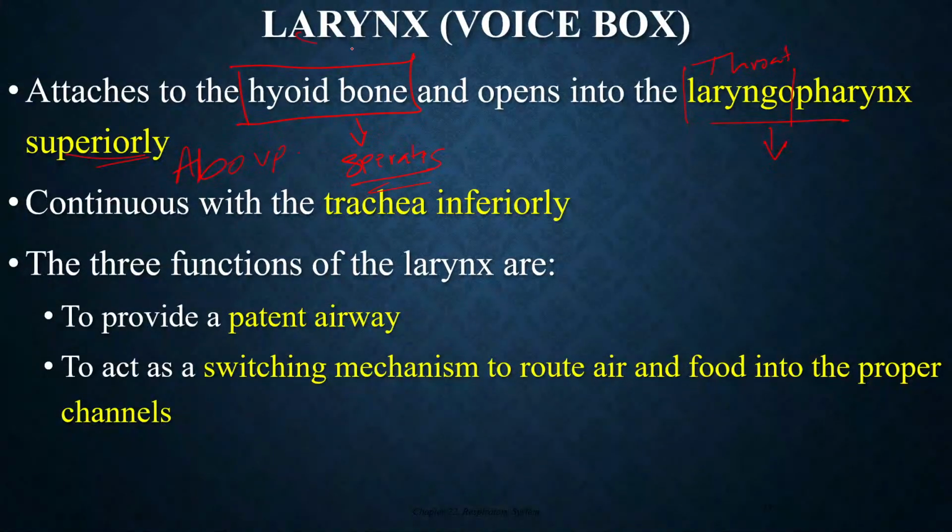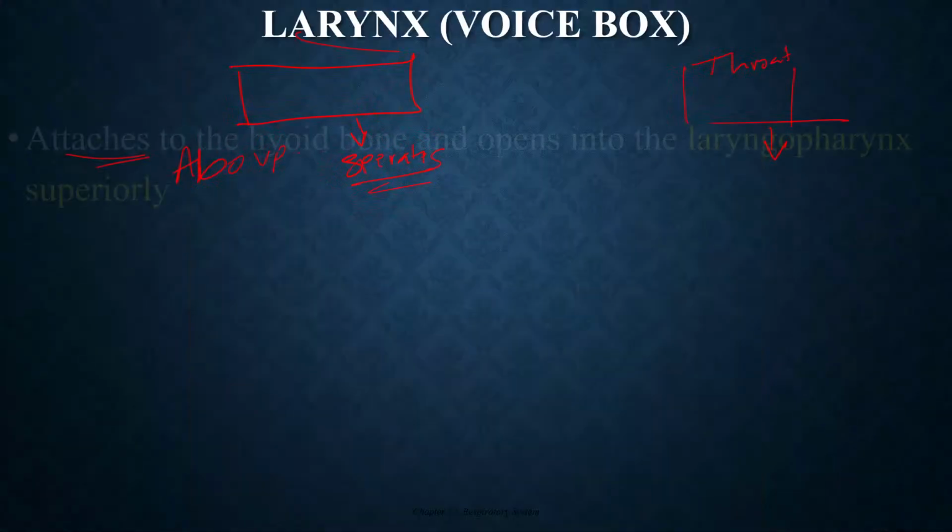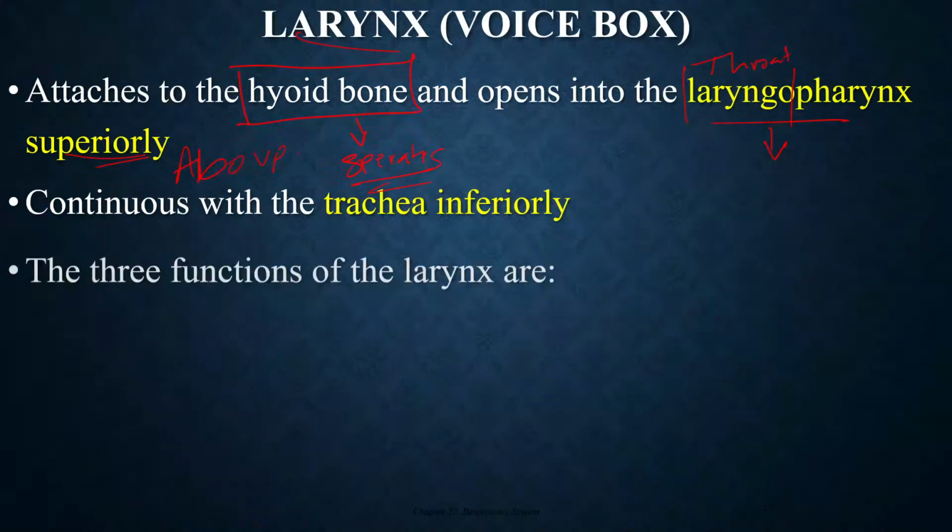So to me, the larynx is between the laryngopharynx and the trachea. So where's the trachea? The trachea is this section going down. Where's the laryngopharynx? This section going up. So between these two sections, we have the larynx. We'll see a picture in a few.